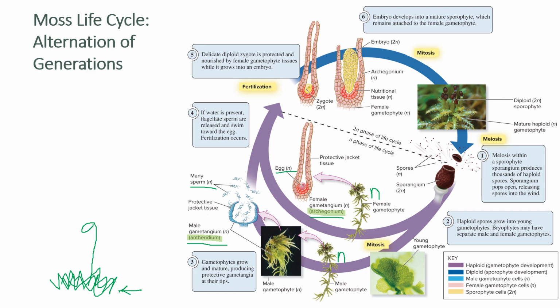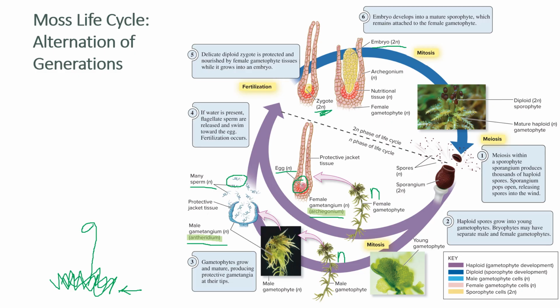So the egg is going to meet the sperm, and this is going to produce a fertilized zygote. You guys are familiar with this from Biology 101. A haploid sperm meets a haploid egg, and we get a fertilized zygote. That fertilized zygote is going to divide into an embryo, which is 2N.